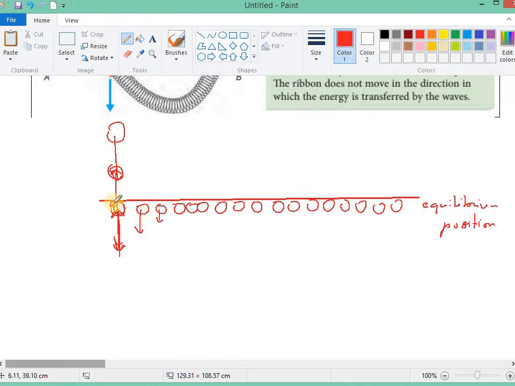So in the end, we will have one molecule start to oscillate, followed by the next and the next and the next. All the molecules will start to go up and down, up and down.